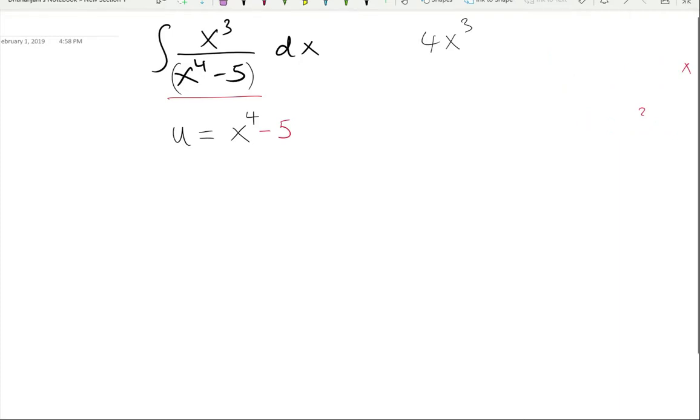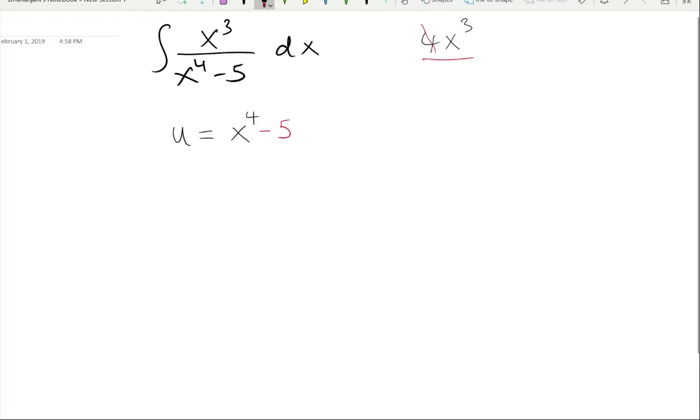Now the second mistake, or it's not a mistake, but a confusion or hesitation that you might have is, okay, my inside function is x to the 4 minus 5 and its derivative is 4x cube. Well, we don't really care about 4, but we do care about x cube being somewhere else in the integral.